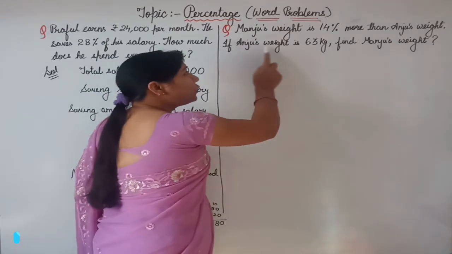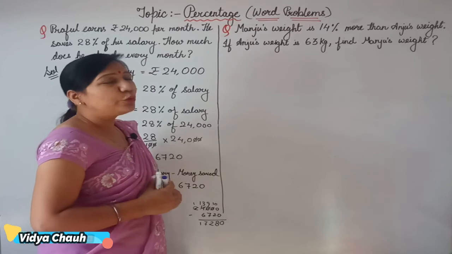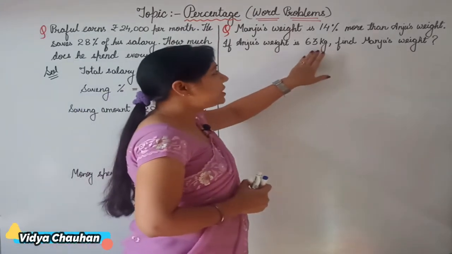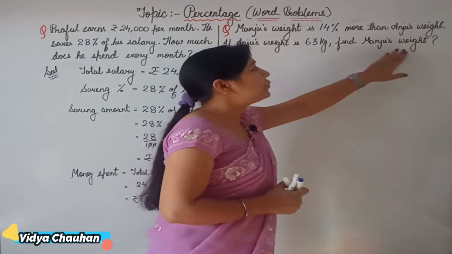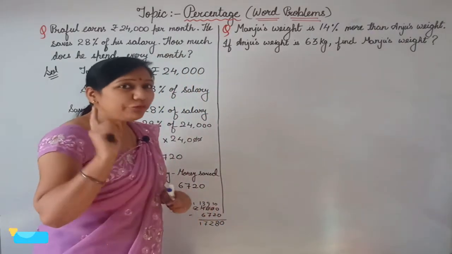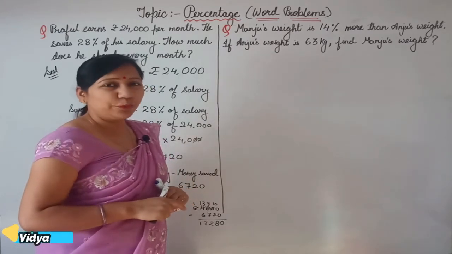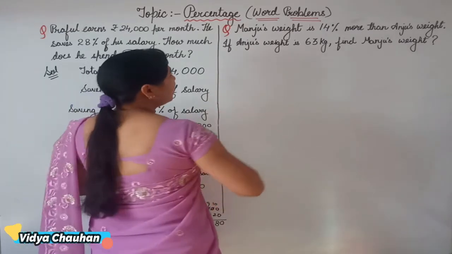If Anju's weight is 63 kg, then find Manju's weight. What will be the weight of Manju if Manju is 14% heavier than Anju? Right, students? So let's start the solution.